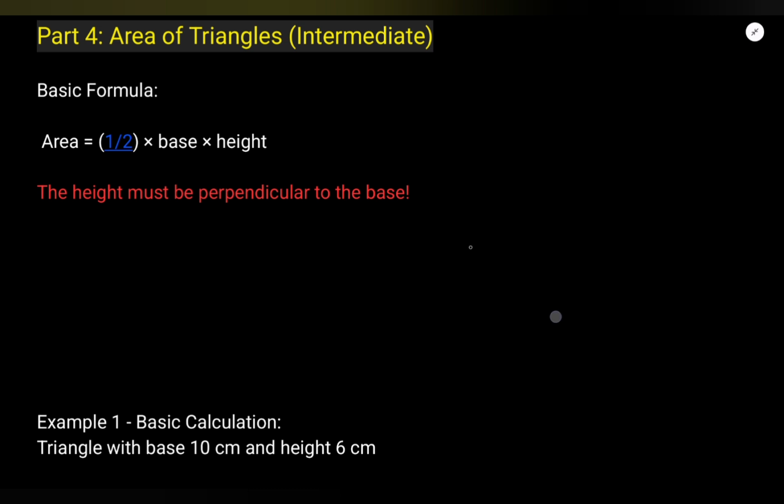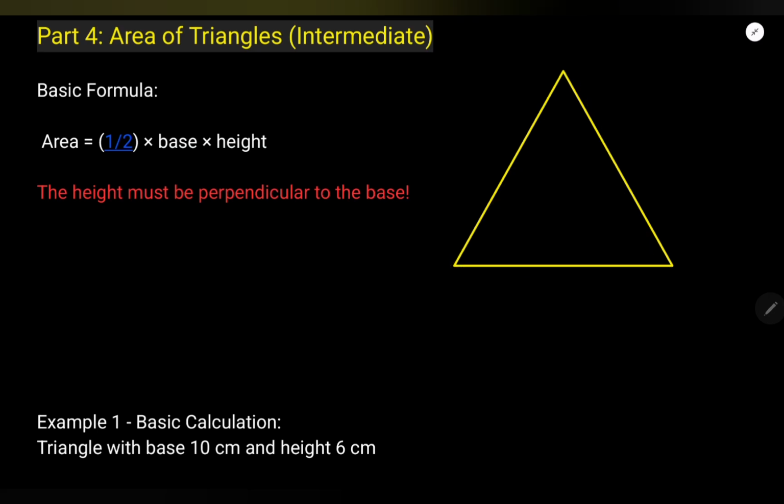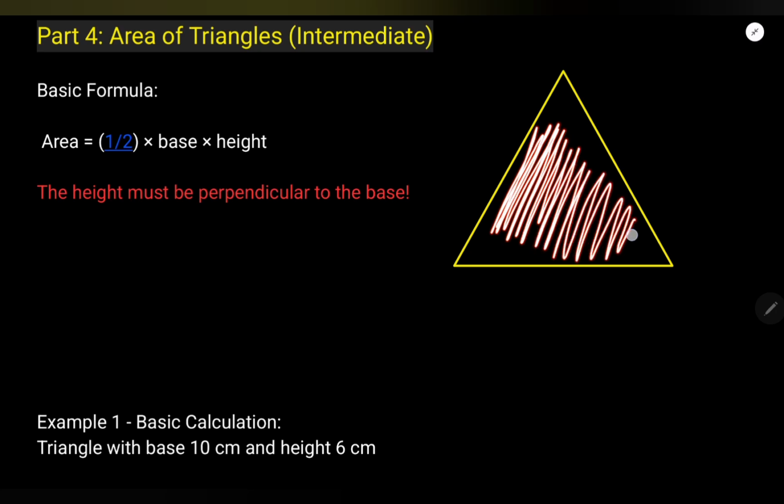Okay. You know what? Suppose I have this triangle. Then the length of this boundary is the perimeter. But what is area then? If I fill this, all the space covered by this triangle is known as the area of the triangle.